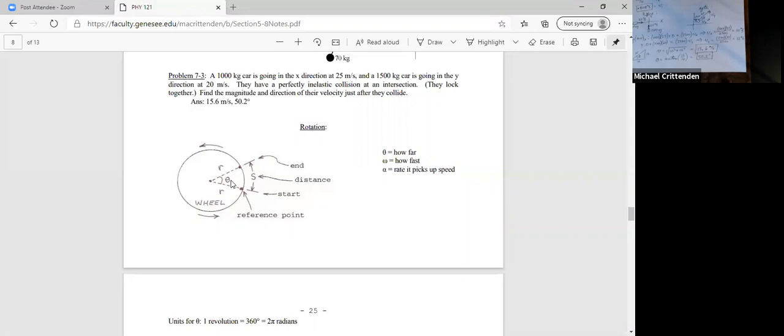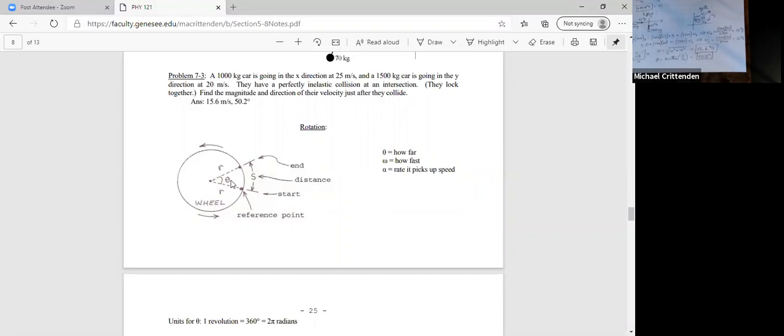Theta could be measured in degrees, or if the wheel turned just a little bit, you would be inclined to say the wheel turned 30 degrees. On the other hand, if you watched it for a long time, you're more likely to call that 100 revolutions than 36,000 degrees.